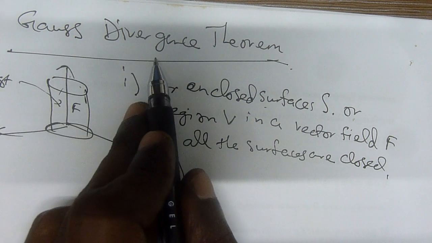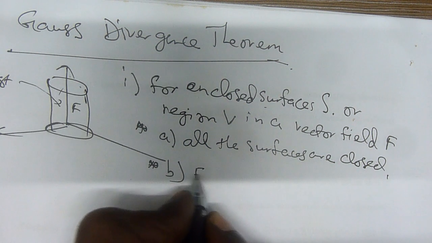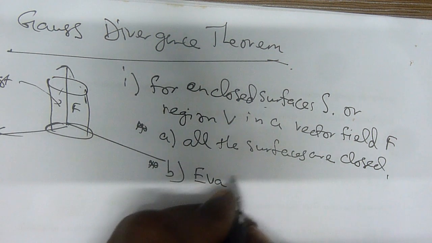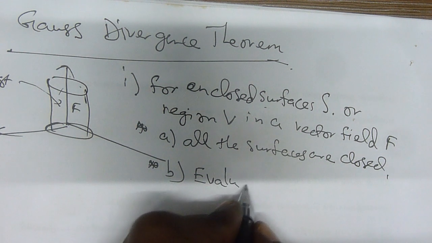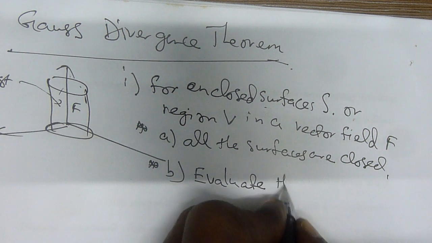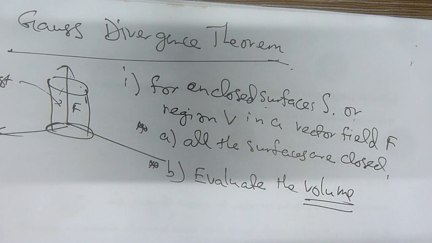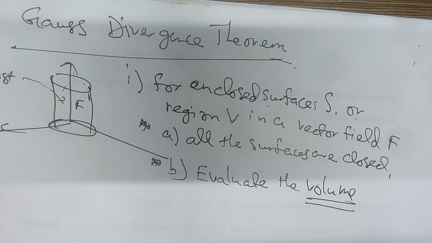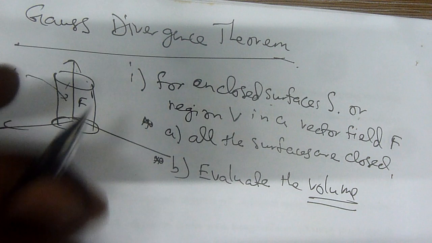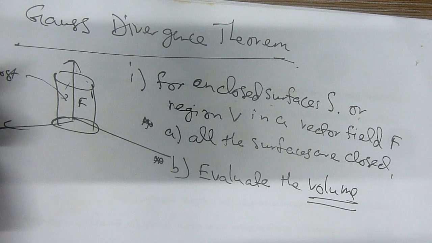The Gauss divergence theorem only evaluates the volume. It cannot evaluate one particular single surface. Let's say the question asks you to only find the surface integral, you cannot use Gauss divergence to calculate.